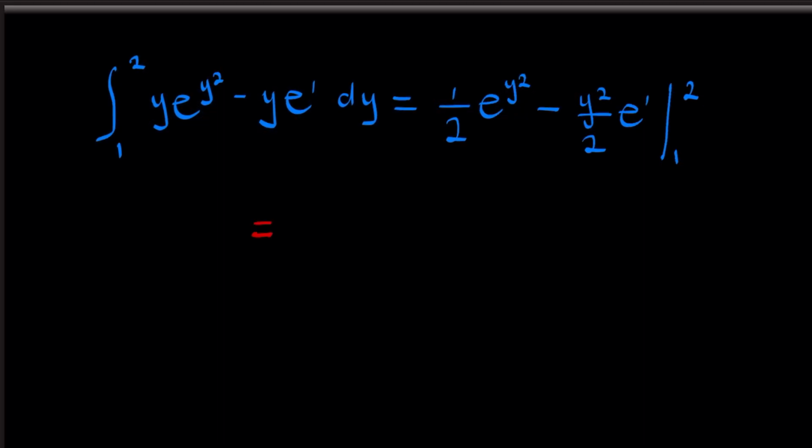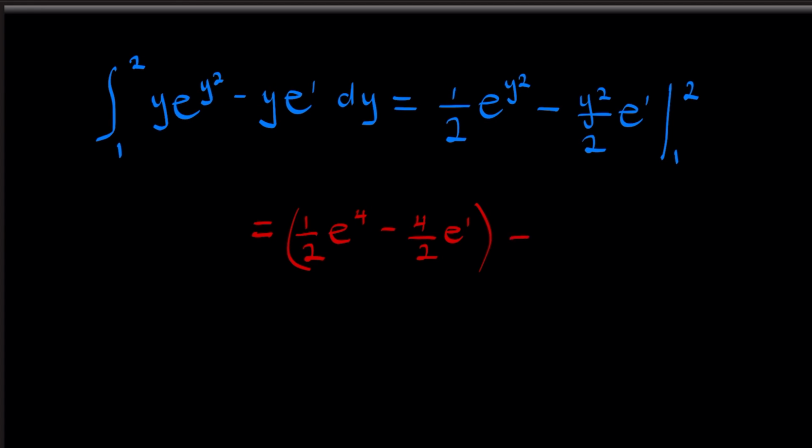Substituting the range of integration gives 1/2, so here y is now 2. So that's going to be 4 minus, here also y is now 2, so that's going to be 4 on 2 e exponent 1.